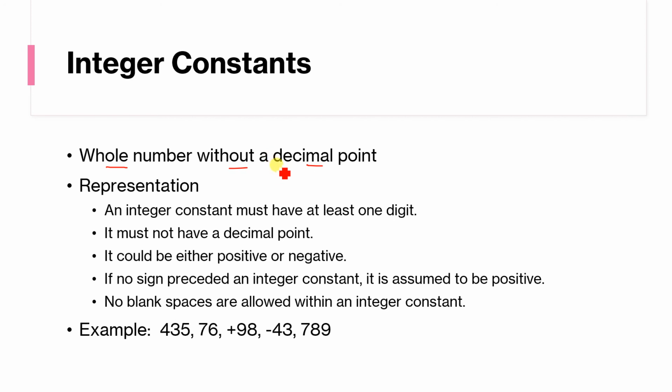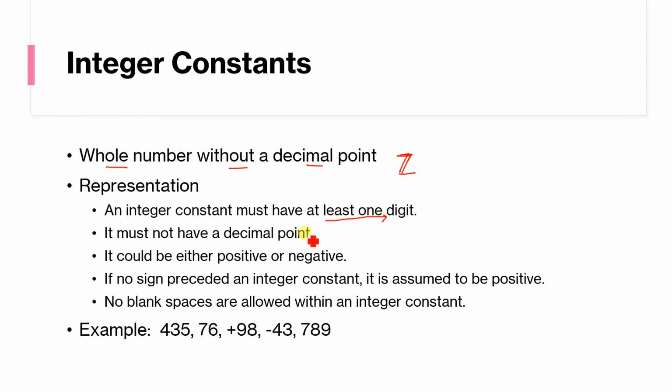In your mathematics class, you might have gone through the Z set. The Z set is generally represented like this in mathematics, and it represents the integer set. So whenever you are typing any integer constant in your program, it must have at least one digit.